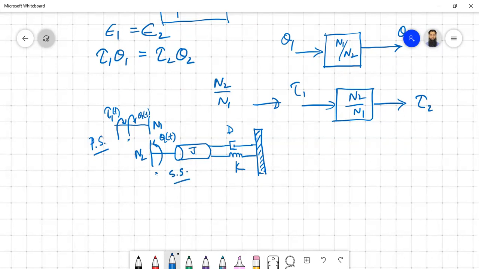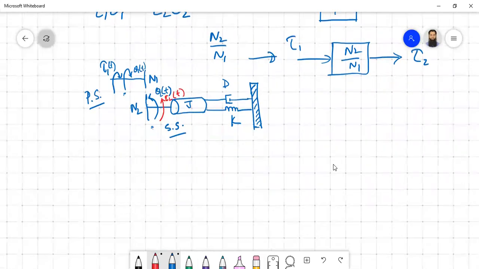Just like in the transformer, you have the flexibility to go either to the primary side or to the secondary side. Say we are just writing the equation. One thing we haven't written, but can always assume, is that if there is an angular displacement on the other side, there should also be a torque here, which is tau 2(t). So it will not be difficult to write the equation for the secondary side.